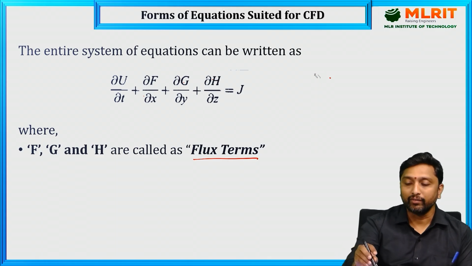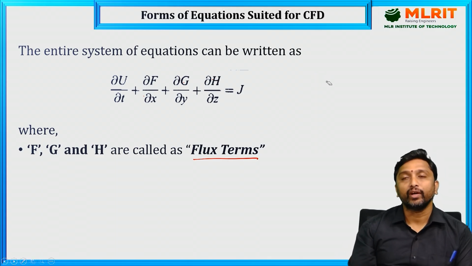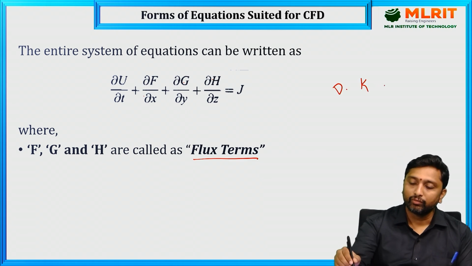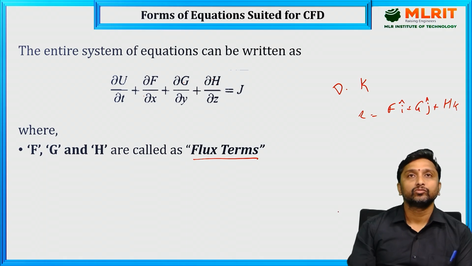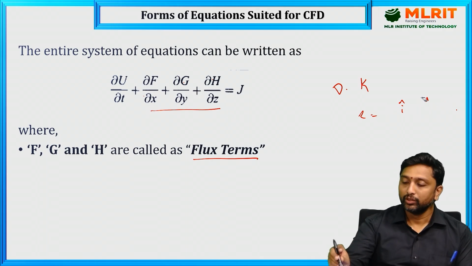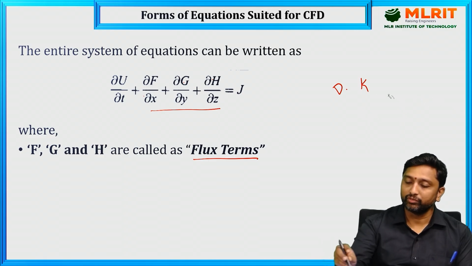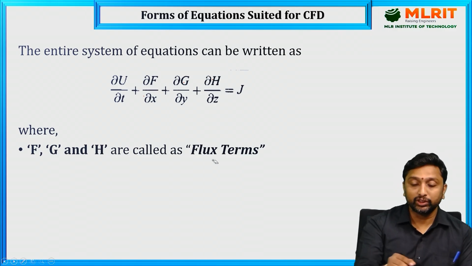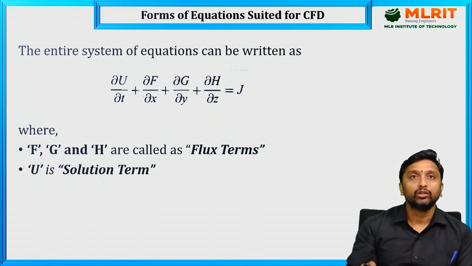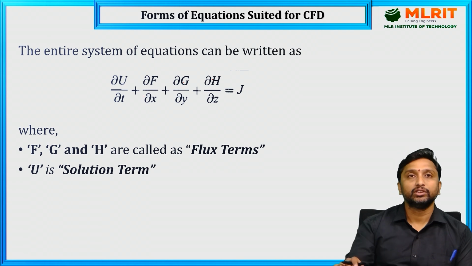So divergence of F, G, H. Now I can define divergence of K, where K equals Fi plus Gj plus Hk. Then I am going to end up with this form of equation. This is what your reduced form of equation will look like, where it has taken into account all the terms. So F, G, H are called flux terms, U is called the solution term, and J is called the source term.